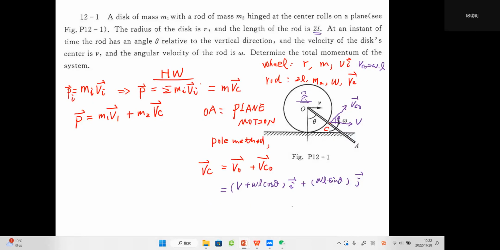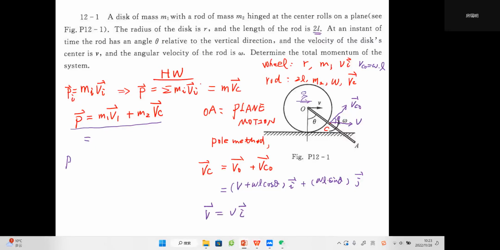In the same manner, we can write this as P. This is the whole momentum of this system, and we can also write it in two components.